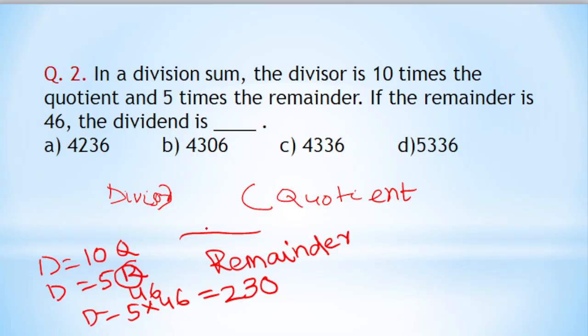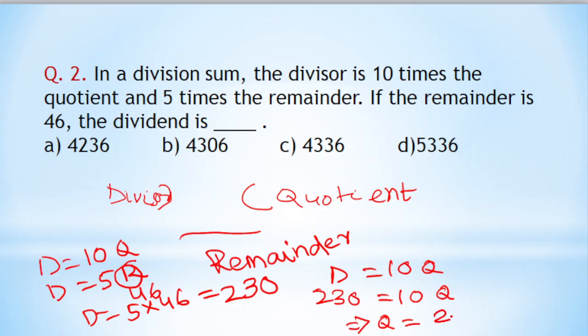Again, divisor is 10 times the quotient, so 230 is equal to 10q. This implies q is equal to 230 divided by 10, that is equal to 23.